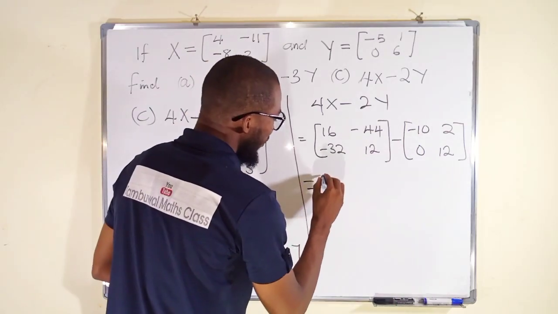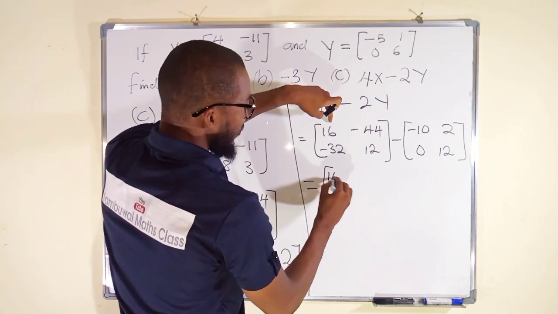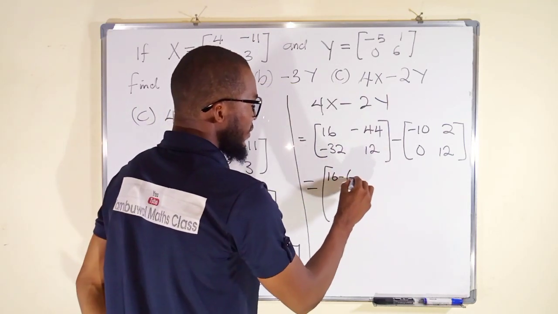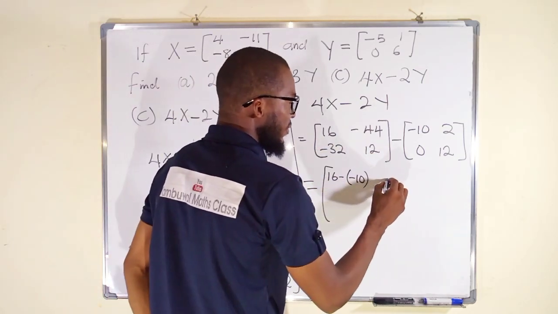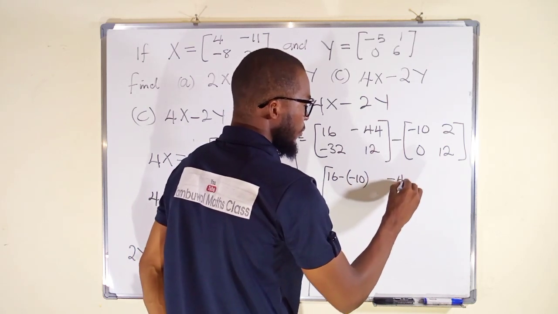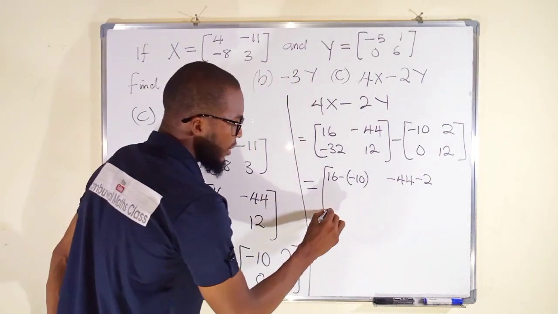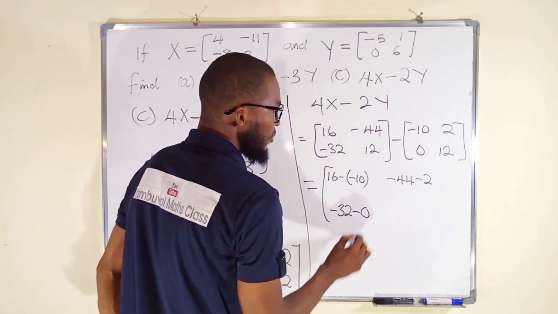So this simplifies to: we take 16, we are subtracting, we subtract the corresponding element which we have as negative 10 there. We take this one, you give a space, negative 44, then minus 2. You come here, negative 32, you subtract the corresponding one, which is 0.